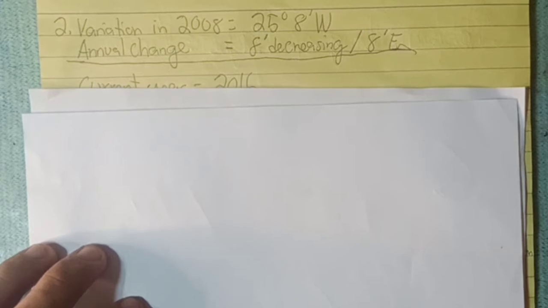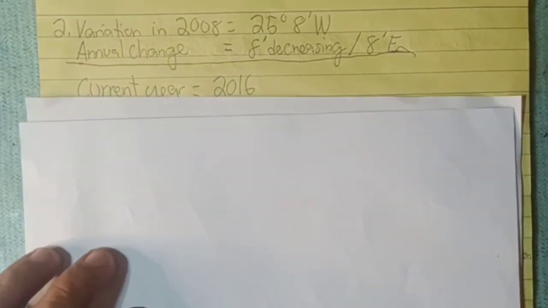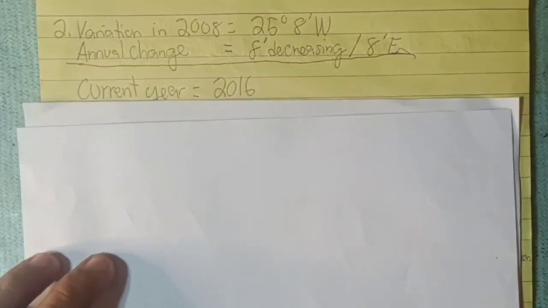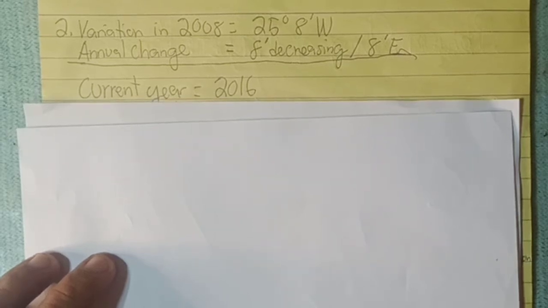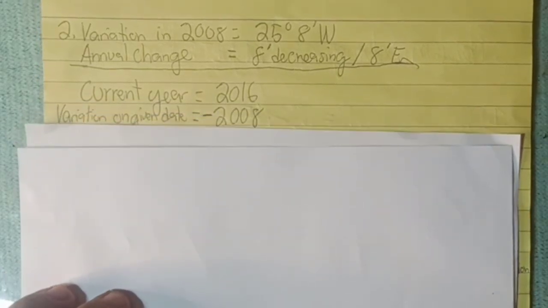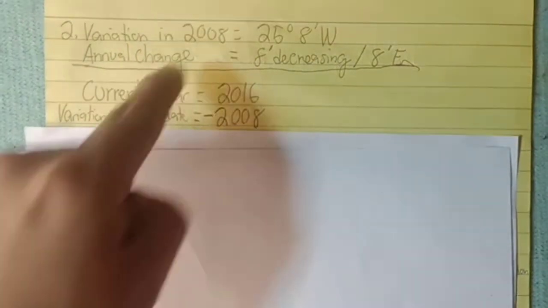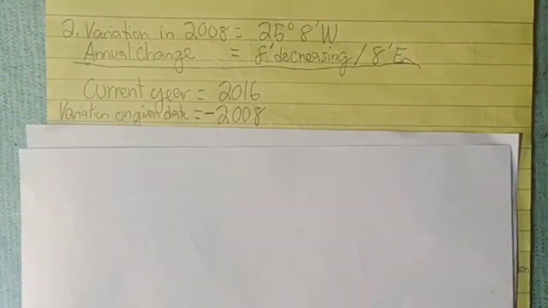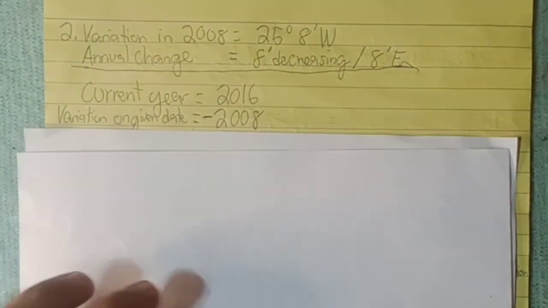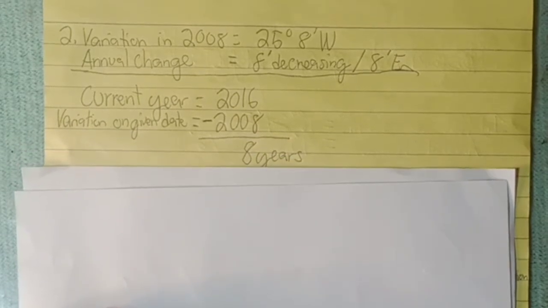I will be using the request year or the current year, 2016, minus the variation on a given date. This 2016 minus 2008 is equal to 8 years.